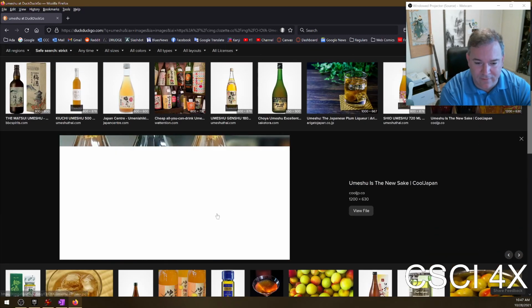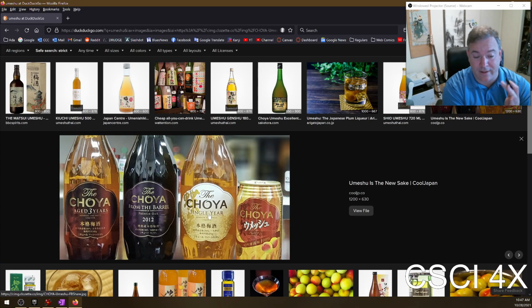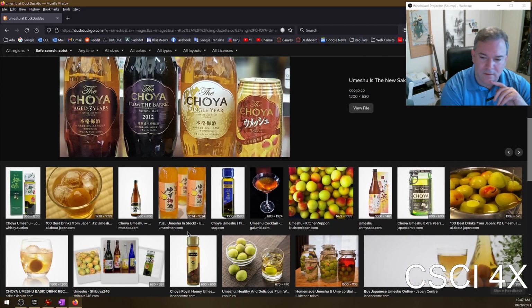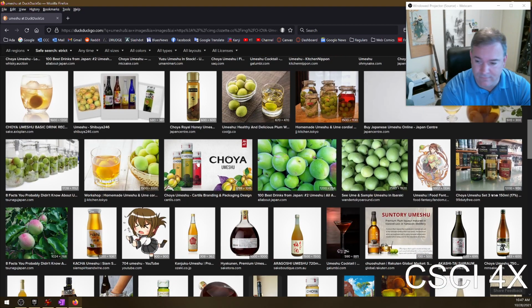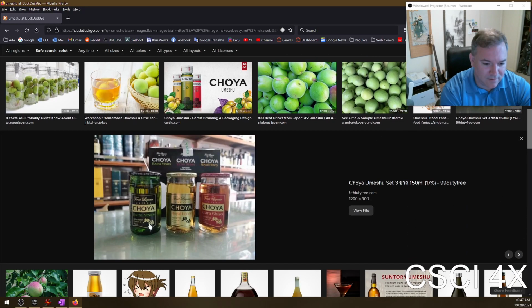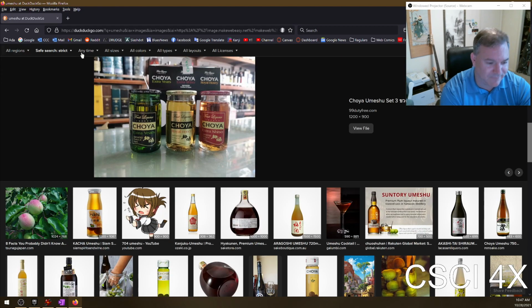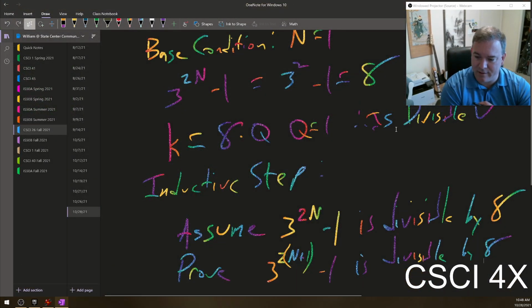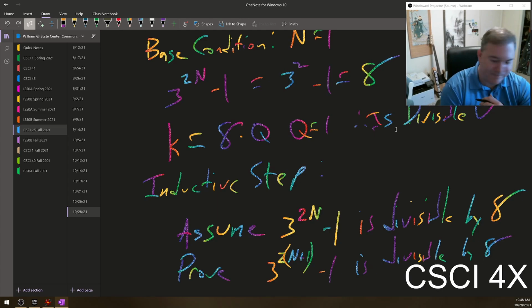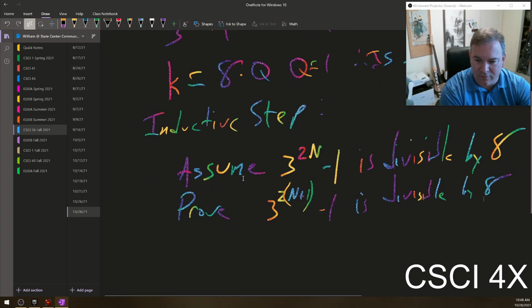I've had Choya's better stuff, and it actually does taste a lot better. I haven't had this one. I've had both of these though. It's plum wine, and it basically tastes like what it sounds like. Then they add different things to it: honey, shiso leaf. So this is what ume is. They have some ume trees at the Japanese gardens too. Gives you a terrible hangover. Plum wine, super sweet. Okay, if you're under 21, don't drink.